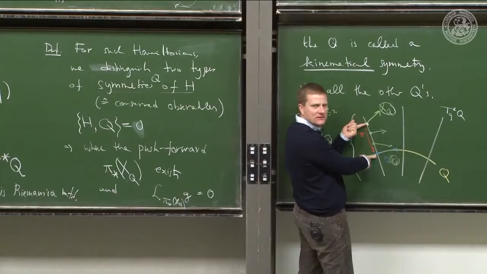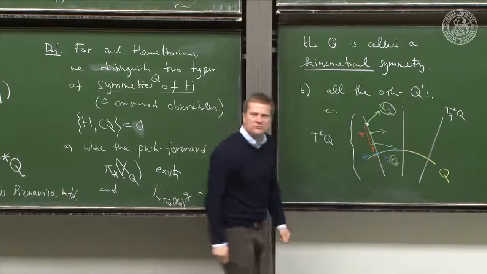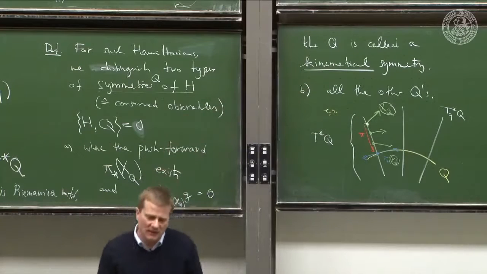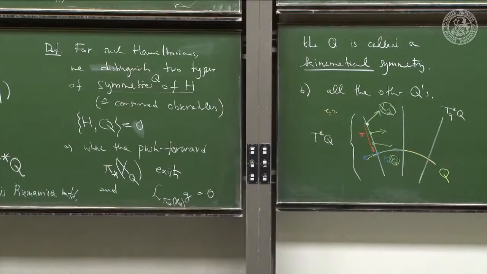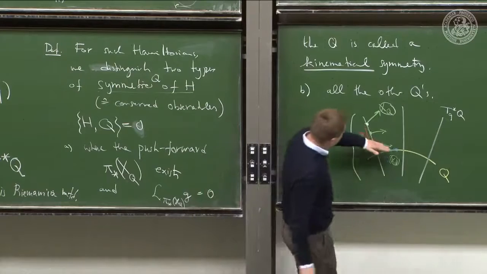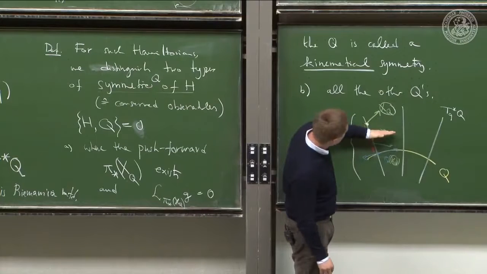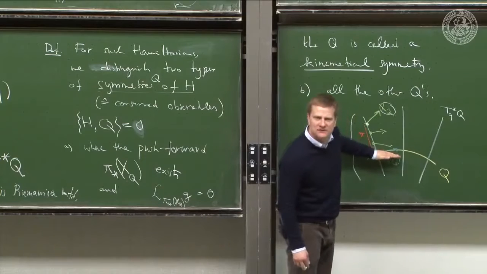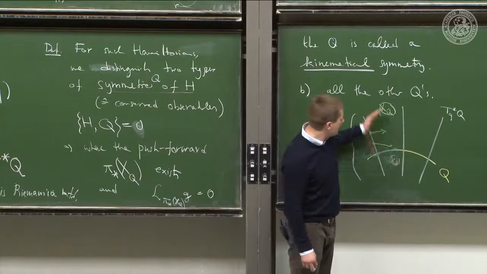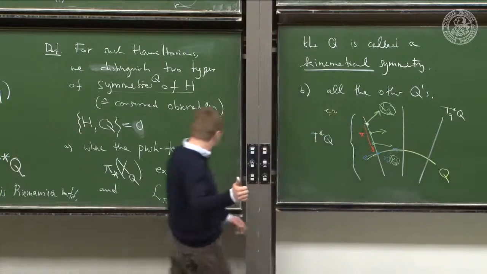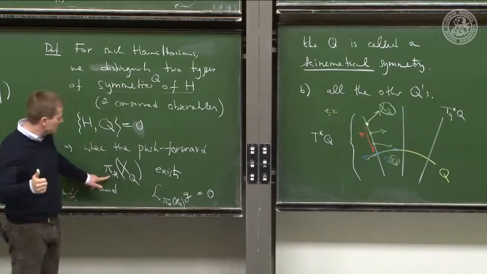I think it caused some confusion before, but think of the push forward of a vector field not necessarily existing. Only if these conspire, if this field conspires along here in such a way that whatever value it takes here, the push forward is the same as the push forward of the value there. It's a very strong restriction, right? That they all coincide. And if this restriction is satisfied, then it exists.